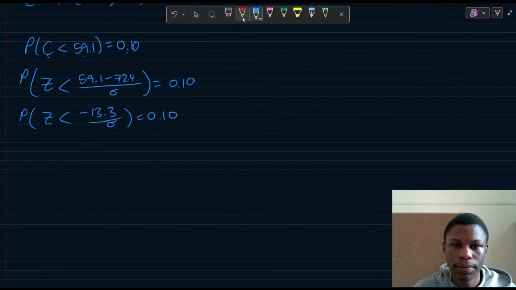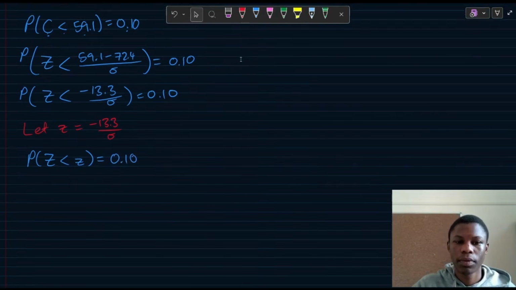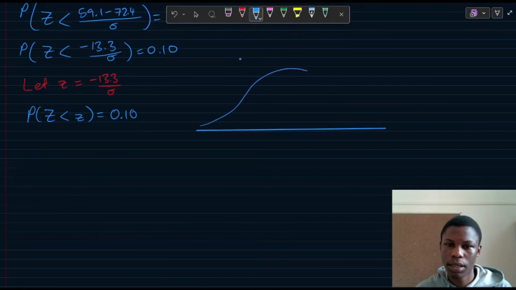For readability, I'm just going to let small z equal negative 13.3 over sigma. So I can write this as the probability that big Z is less than small z is equal to 0.10.